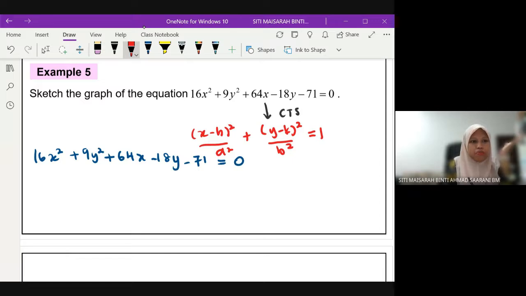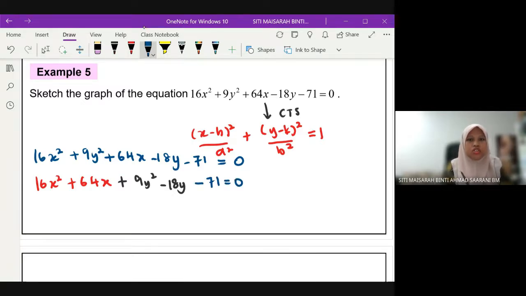So yang depan ni kita letak x, so 16x square plus 64x, ni untuk x, and then plus 9y square minus 18y, and then yang constant tu letak di bahagian belakang lah, kekalkan di bahagian belakang, minus 71 is equal to 0.